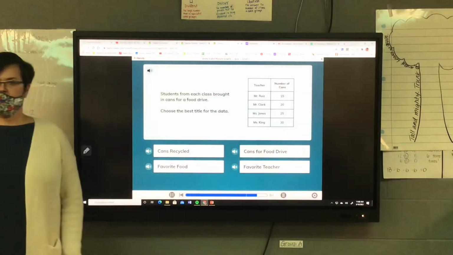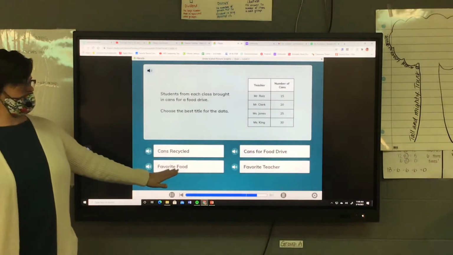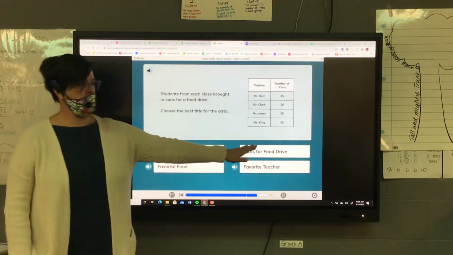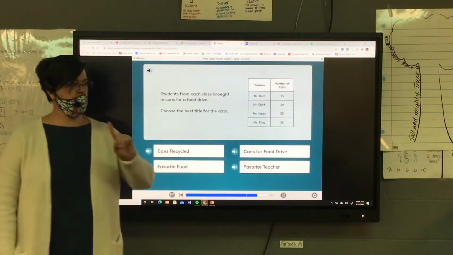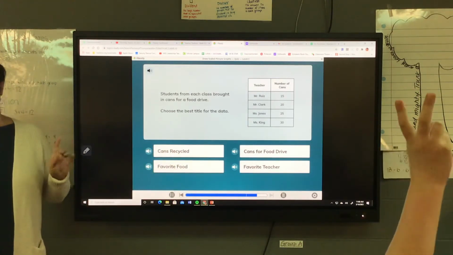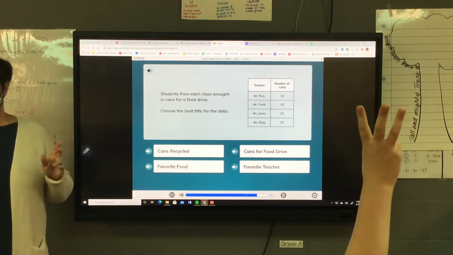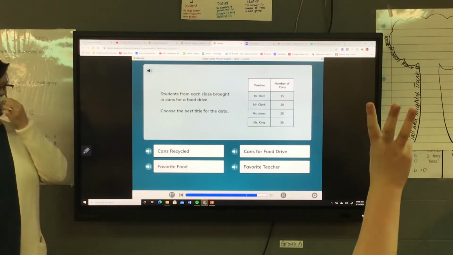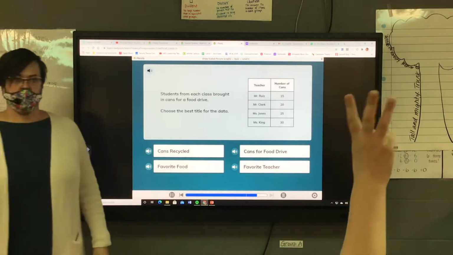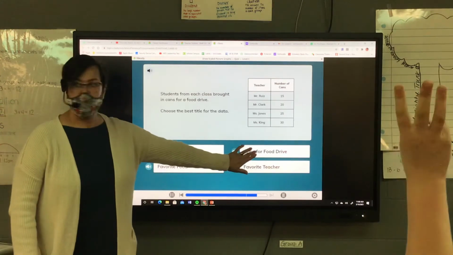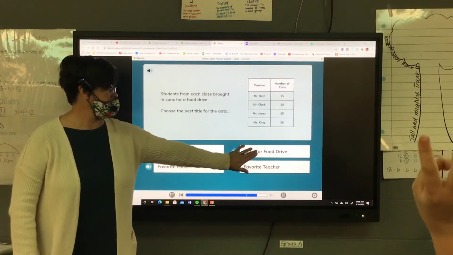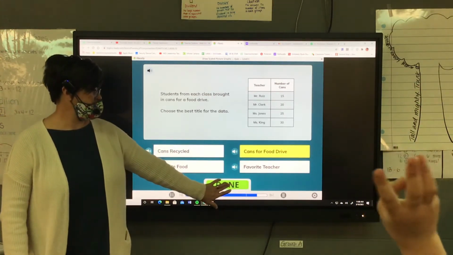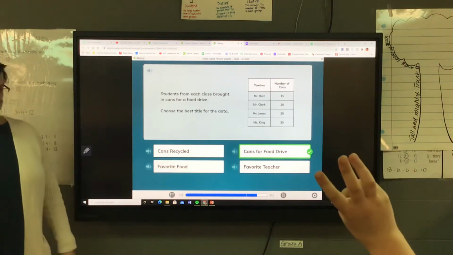Favorite teacher. 1, 2, 3, or 4. Don't look at what other people are choosing. They might not have the right number of fingers up. This is what I'm seeing. Cans for food drive? Correct.